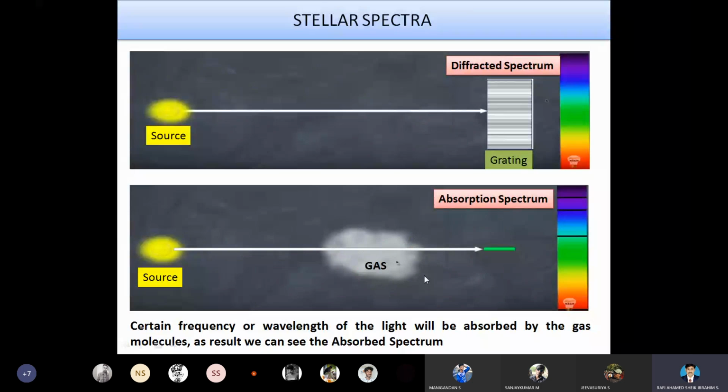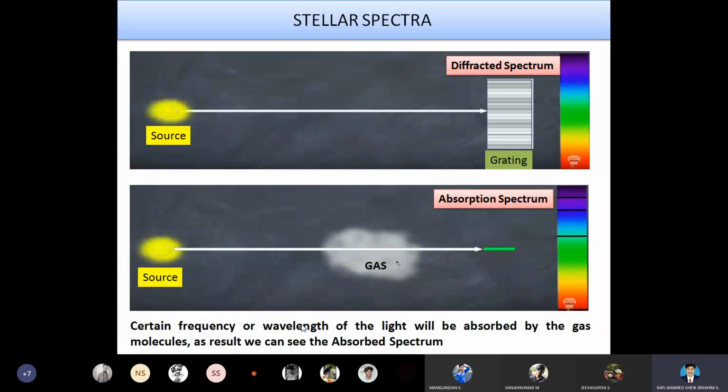See, a certain frequency or wavelength of the light. Actually, we know that it's a radiation, so it consists of a frequency as well as a wavelength. When the frequency is more, then the wavelength will be short.